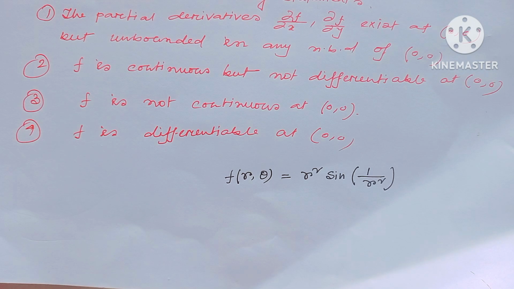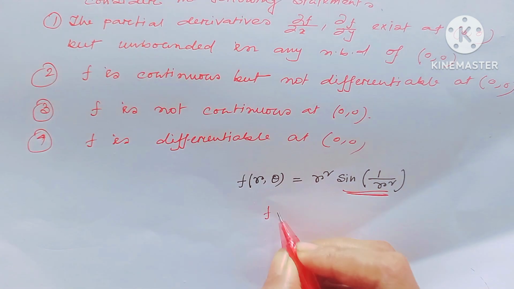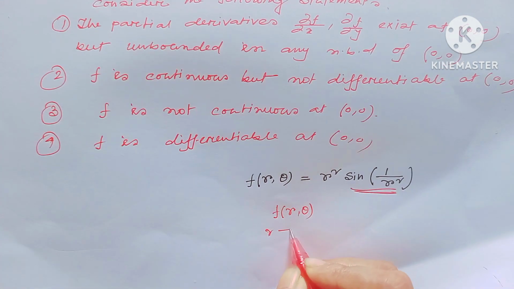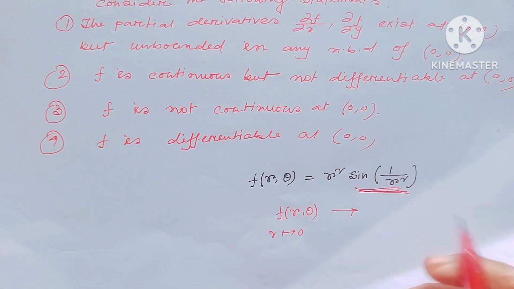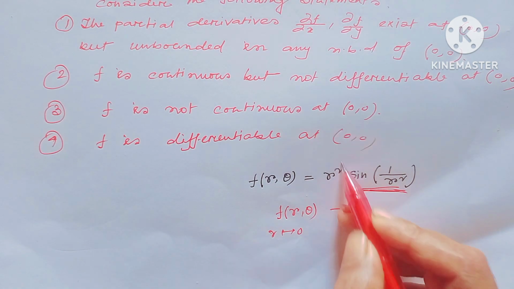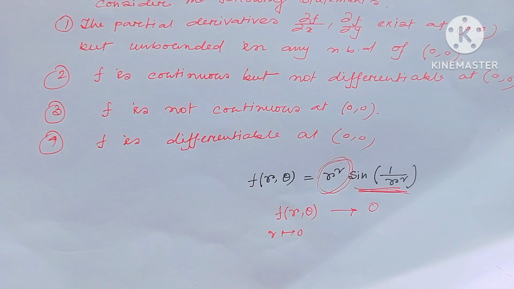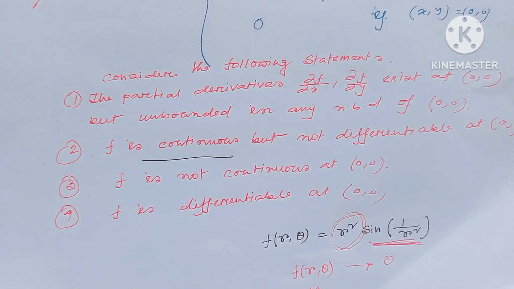Obviously, this is a bounded function. So f of r theta as r tends to 0, since this is a bounded function, this limit would always be 0. So f is a continuous function. So option 2 is right, f is continuous.